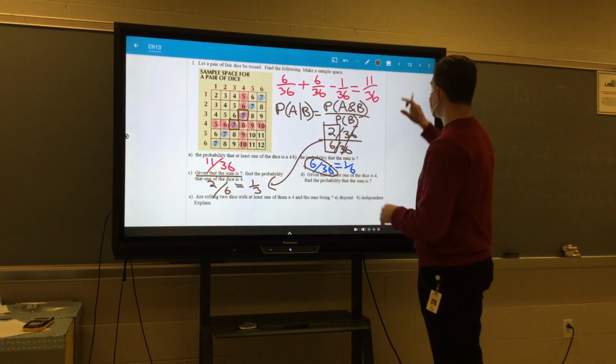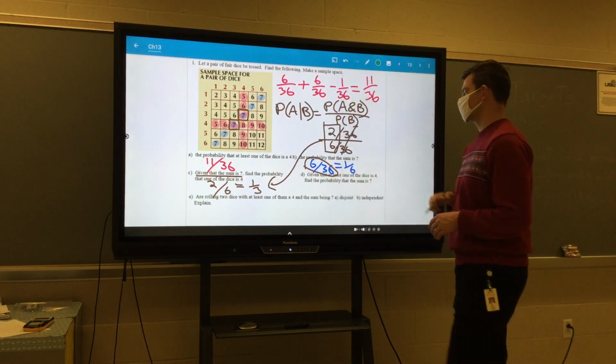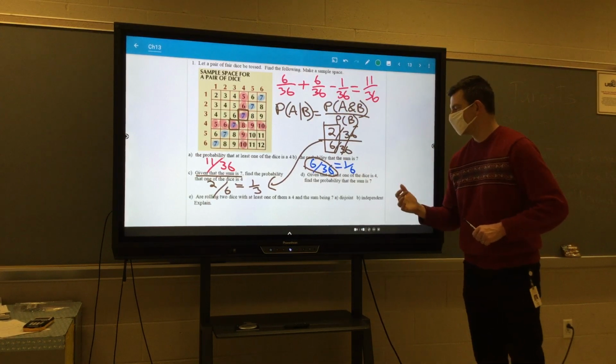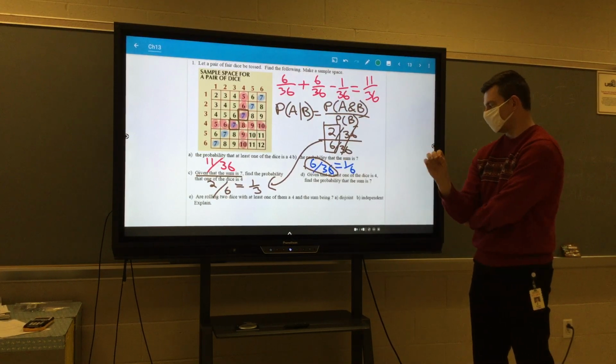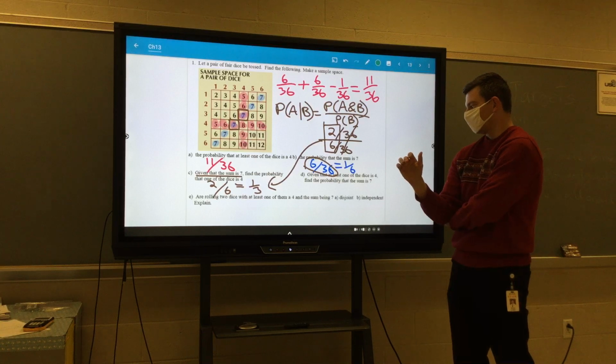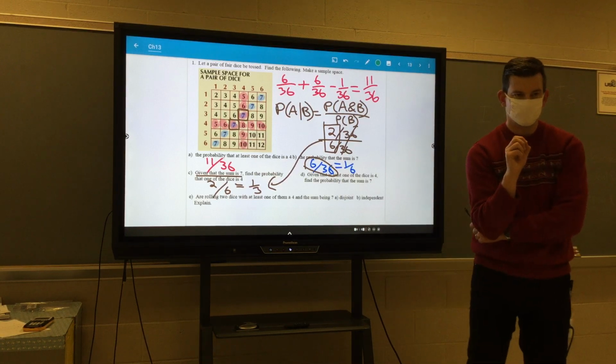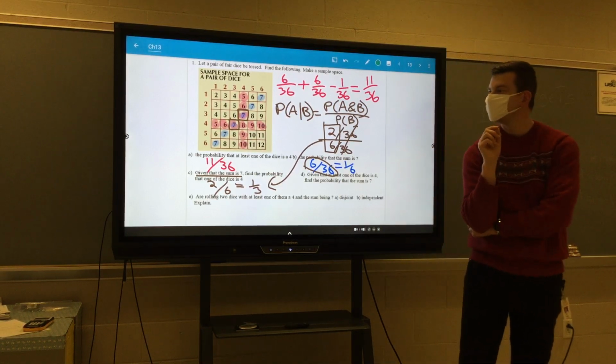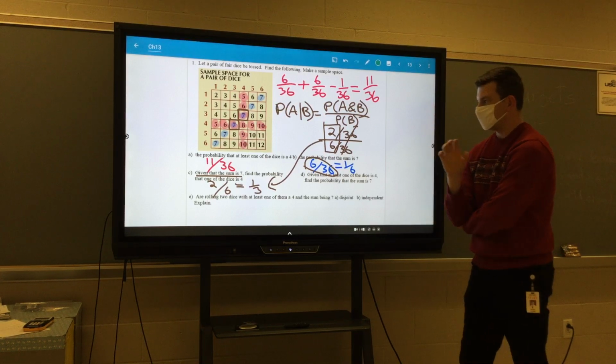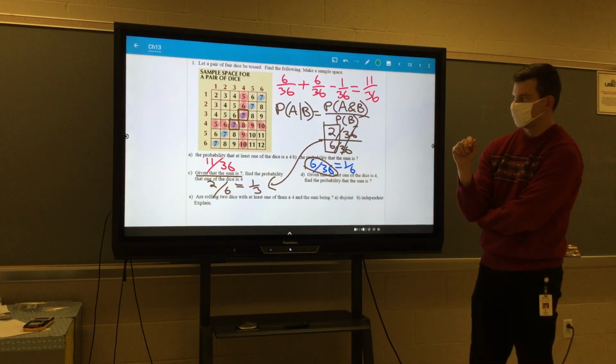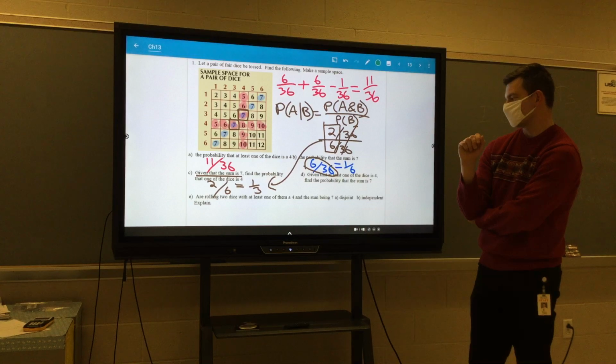All right, letter D reverses the conditions. Now, it's given that at least one of the dice is a 4, find the probability the sum is 7. Or instead, given that we have a pink block, what is the probability that it's also blue?